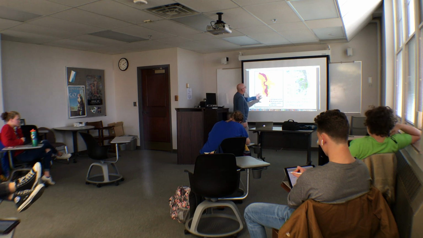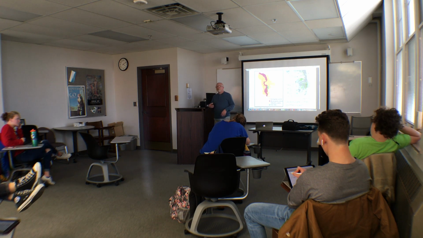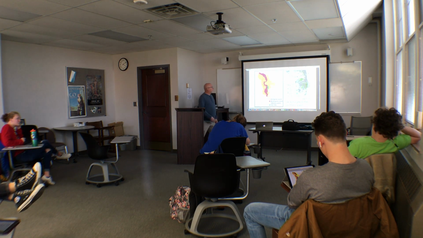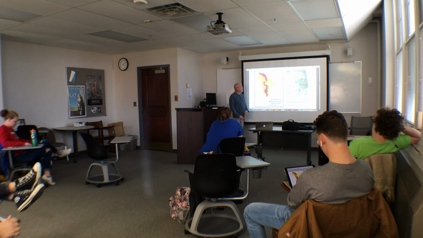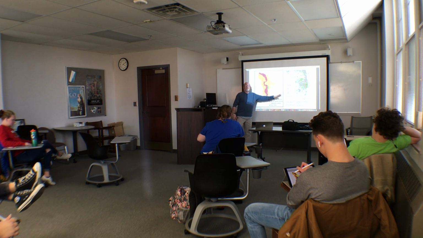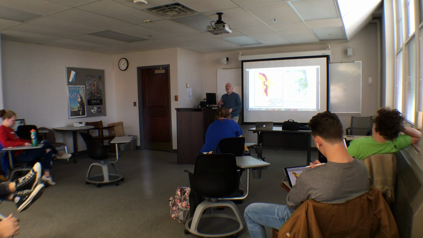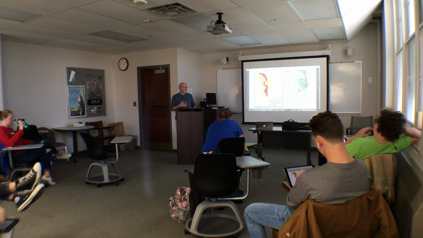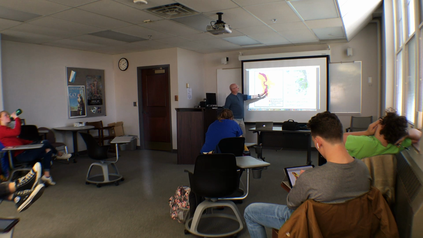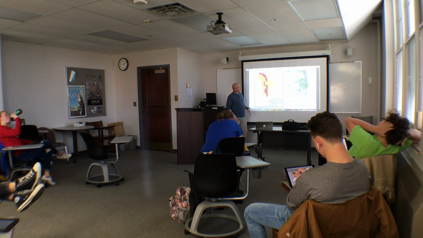But we showed you this figure at the beginning of the semester, and we showed you that there's tall grass prairie in the east, then mixed grass prairie, and then short grass prairie in the west. And this reflects this moisture gradient: as you get further and further away from the Gulf of Mexico and the moisture influences of the Gulf of Mexico, you get shorter and shorter stature grasses.